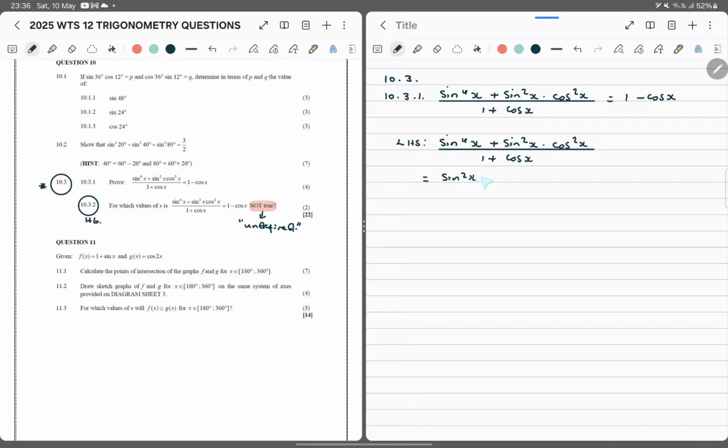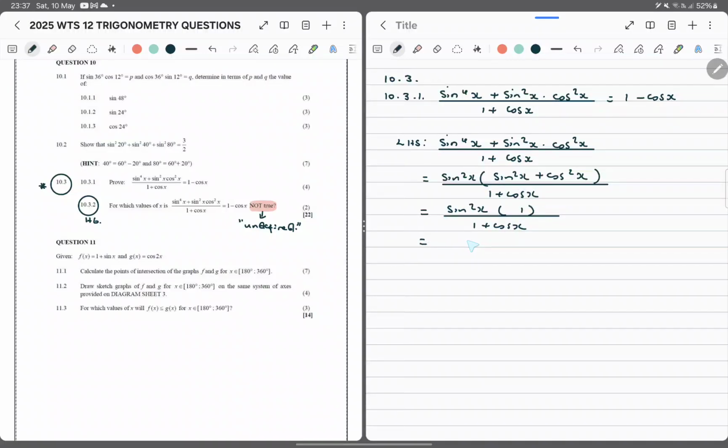So sine squared x is a common factor here. So we end up with sine squared x plus cos squared x, all divided by 1 plus cos x. Okay, nice and easy. So this is sine squared x into 1 using identities over 1 plus cos x.